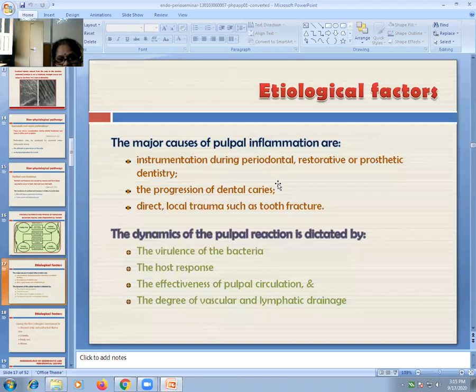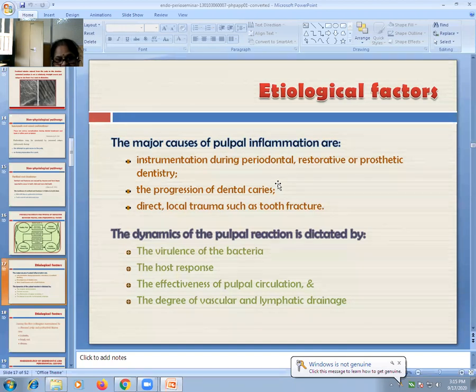Whenever you do any instrumentation, when you start handling the periodontium or pulpal area, it gets inflamed. Or there is a progression of dental caries, indirect and local trauma, whenever there is a tooth fracture.